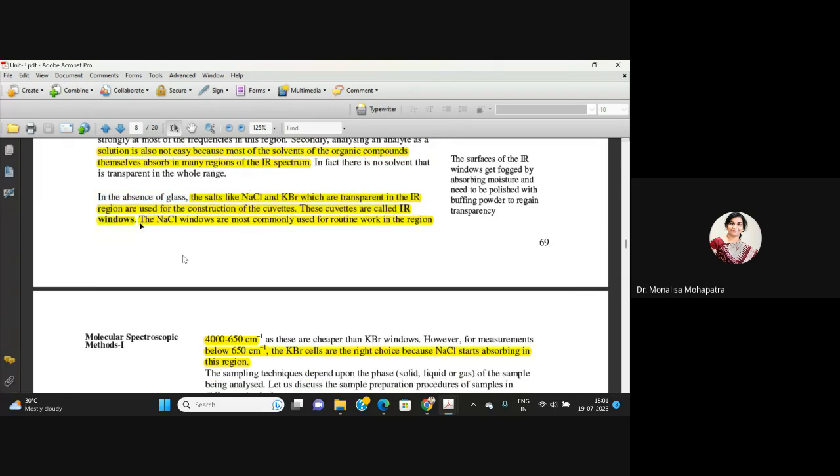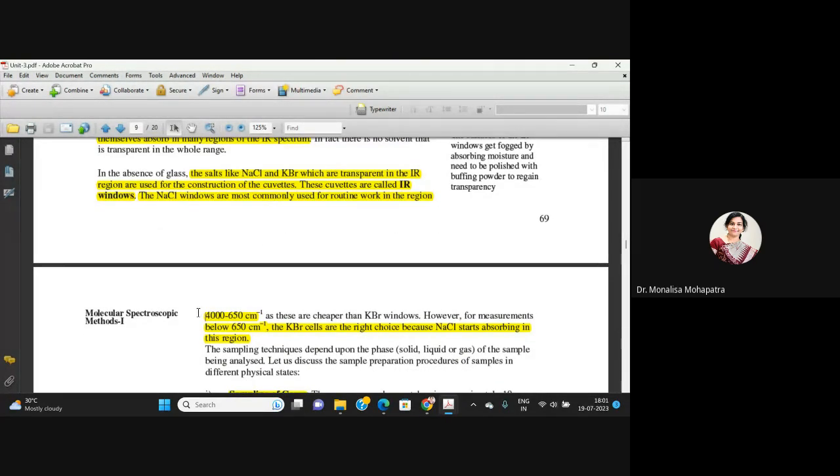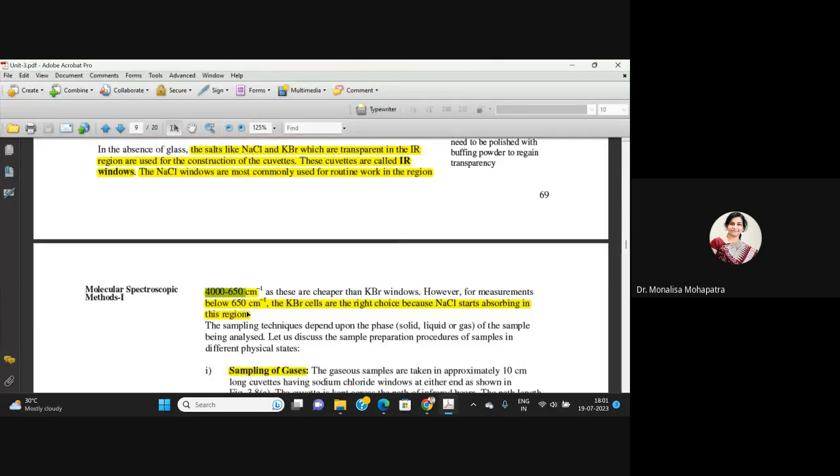However, these NaCl windows are most commonly used for routine work in the region of 4000 to 650 centimeter inverse, as these are cheaper than KBr windows.